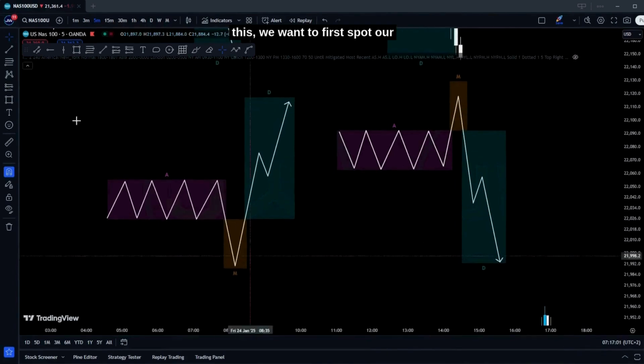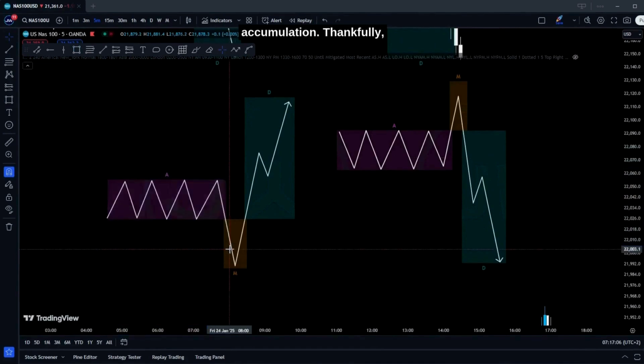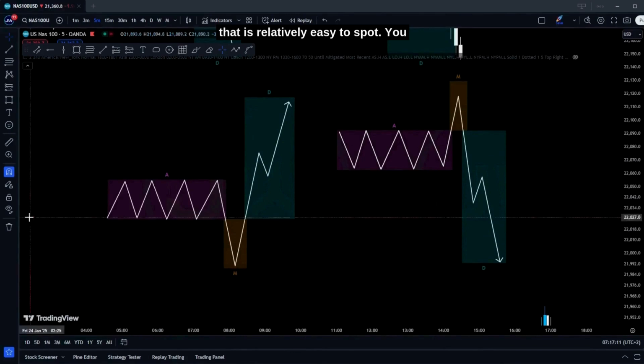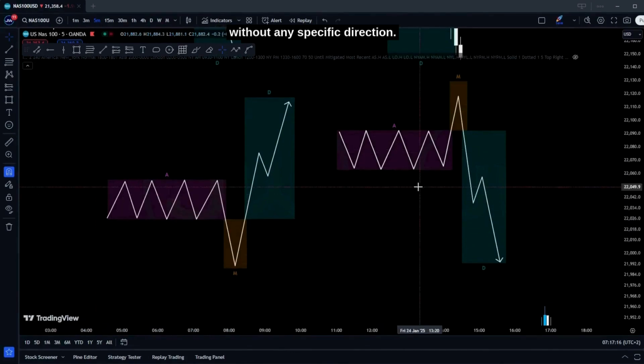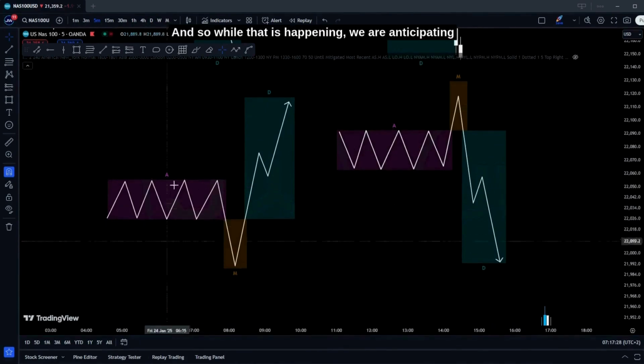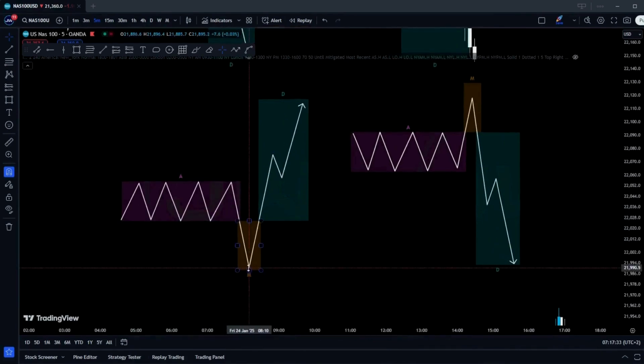So in order to utilize this, we want to first spot our accumulation. Thankfully, that is relatively easy to spot. You just want to see price ranging without any specific direction. And so while that is happening, we are anticipating price to manipulate.